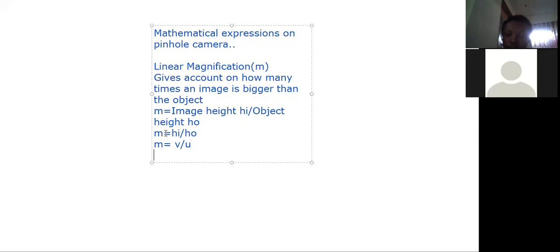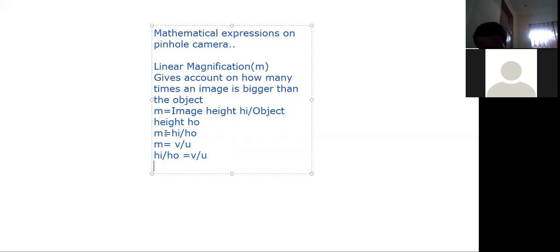So looking at this formula, we can now see that m is equal to h i all over h naught, and m is also equal to v all over u. So then we can say that h i all over h naught is equal to v all over u. We can equate the two of them and solve.